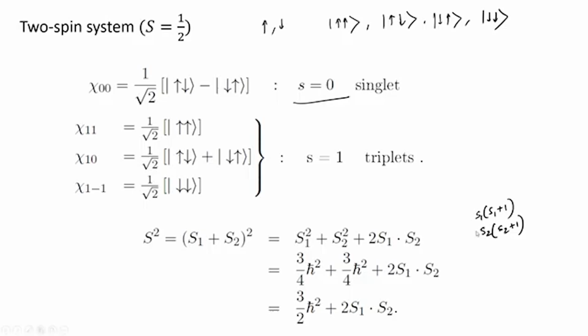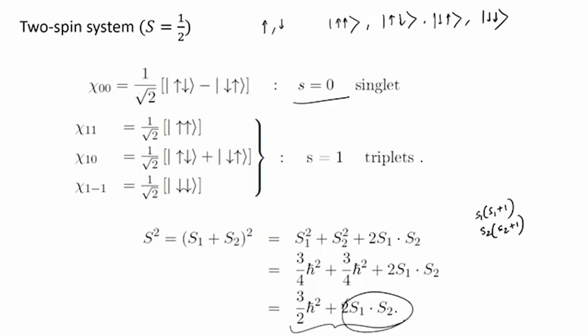So, S square gives you 3 by 2 h cross square plus 2 S1 dot S2, which means that if you operate it on its eigenfunction of S square, you get these as eigenvalues.